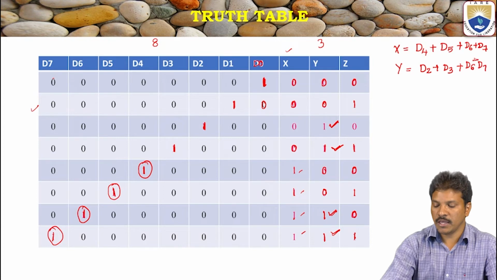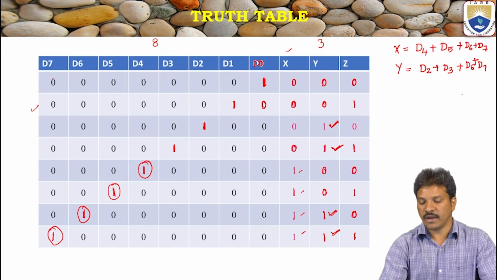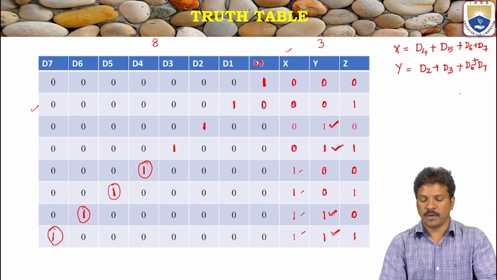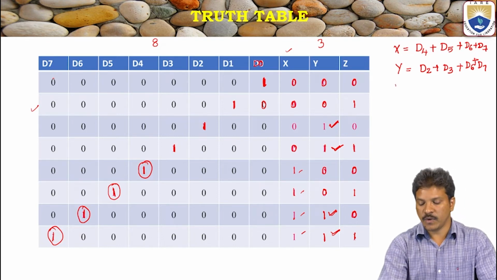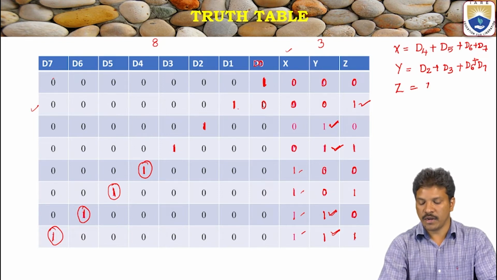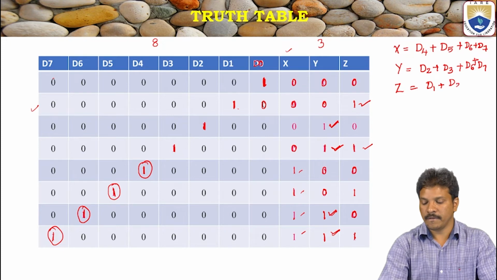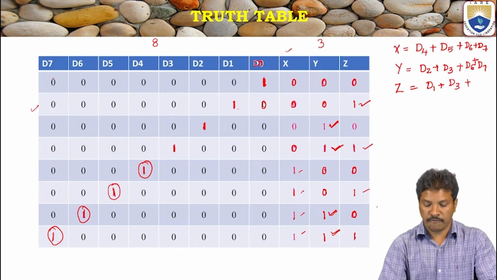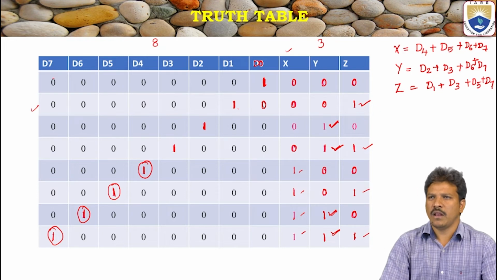If any one of D2 or D3 or D6 or D7 is logic 1 in the input, then y is logic 1. And what about z? Z is equal to the input combination D1 plus D3 plus D5 plus D7. So these are the simple Boolean functions.